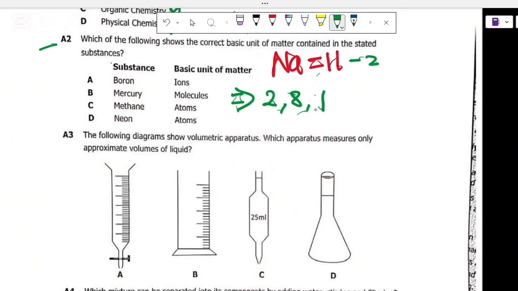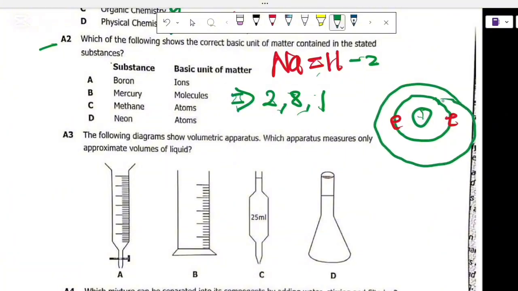And that is the electron configuration, which means if you draw the atomic structure of sodium, you are going to write the proton number and the neutron number. But you are going to have the first shell containing 2 electrons. So you're going to write 2 electrons. And then you're going to have the second shell containing 8 electrons.